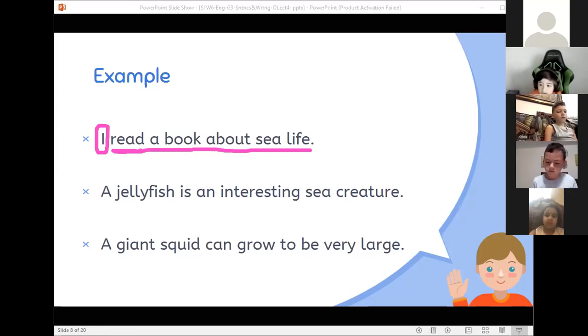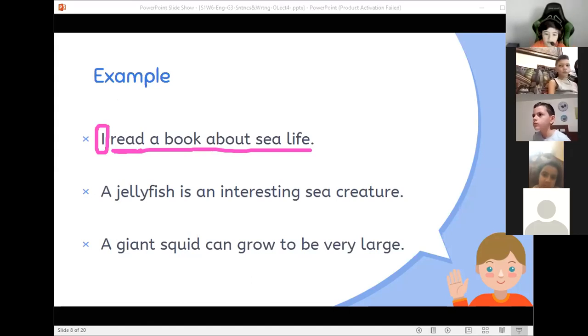I will move on to Aya. Aya, can you please unmute? Yalla Aya. Done? Thank you, Aya. Can you read this sentence for me? Sometimes a jellyfish. Can you see it?